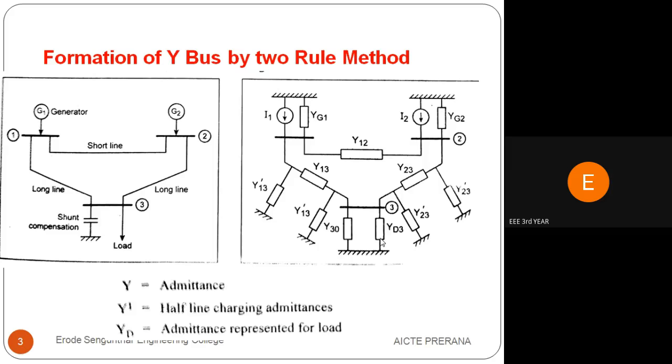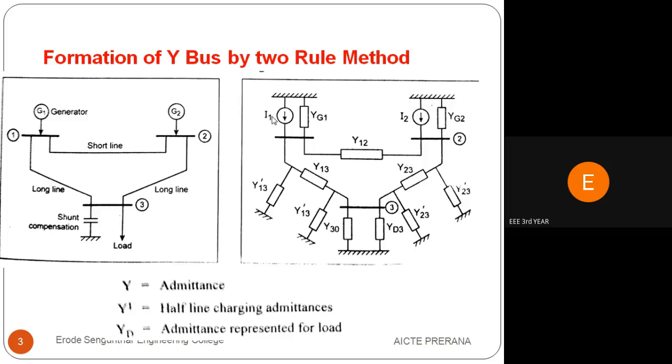This diagram is again converted into an equivalent circuit. For that purpose, we are adding a current source in parallel with the admittance. For generator G1, the current is considered as I1 and the admittance is considered as YG1, so it should be connected in parallel. So here I have connected I1 and YG1.